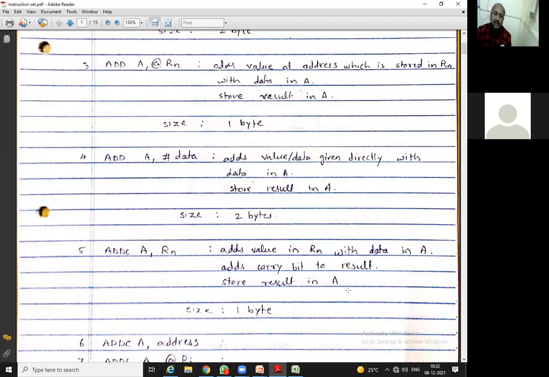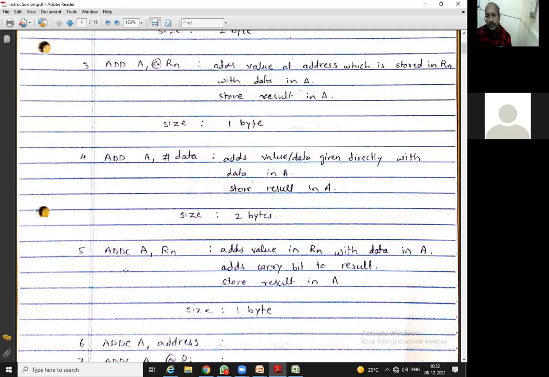Now the next one, that is ADDC. Only the mnemonic is changed, from ADD to ADDC. What does ADDC A, Rn mean? C stands for the carry. The earlier four instructions were without considering the carry, but here the addition is done considering the carry.